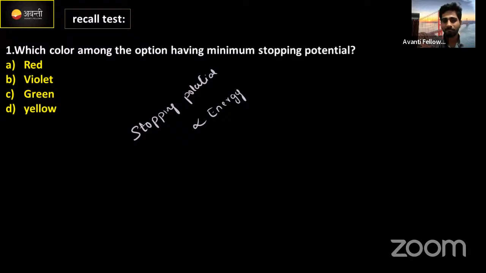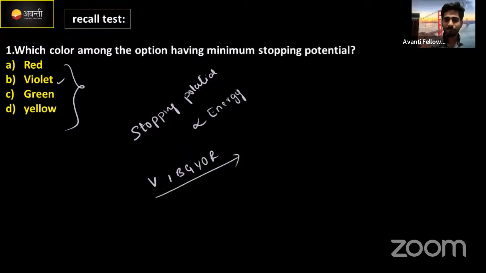Here, among the four colors, which color has the highest energy? Yes, we know violet. If you don't know, write down VIBGYOR. Correct? This is the only thing which gives the confirmation.